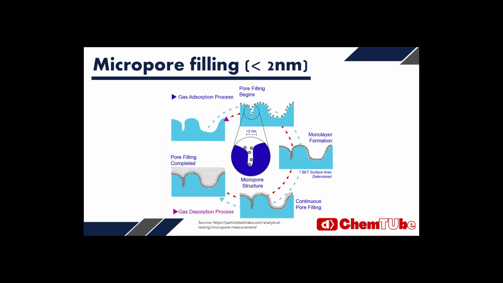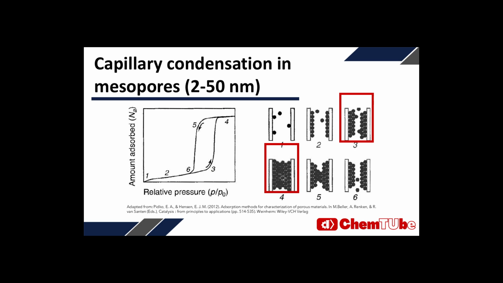The mechanism characteristic for micropores is micropore filling, which is essentially filling of the volume of the micropore with the adsorbate. For mesopores, there is a hysteresis loop present in the adsorption isotherm that can be attributed to capillary condensation. Adsorbate condensation takes place in mesopores, which causes a shift in vapor-liquid equilibrium in the pore compared to bulk fluid.